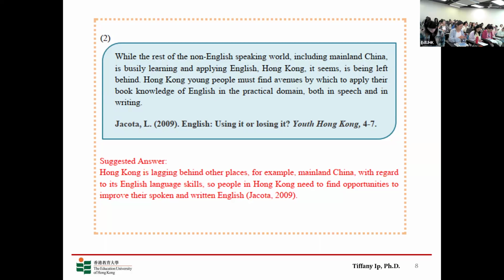Since it's only one single sentence, we can put a citation right at the end here. Okay, I would say avenues and opportunities are not exact synonyms, but the meaning is kept. So sometimes we do it like that.